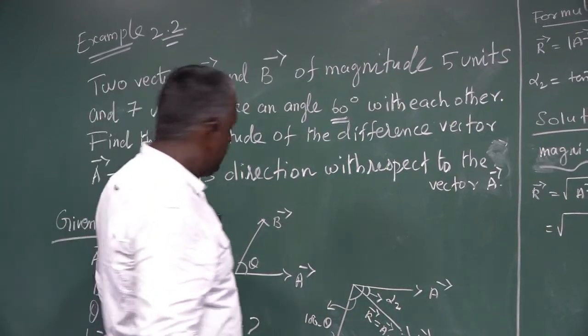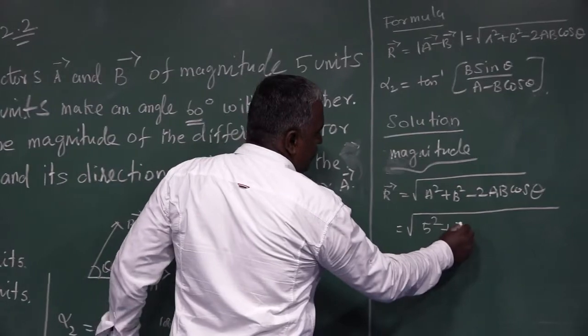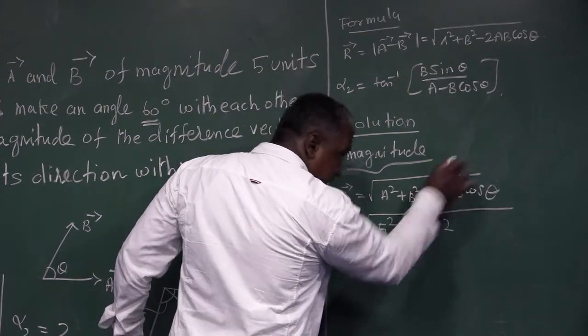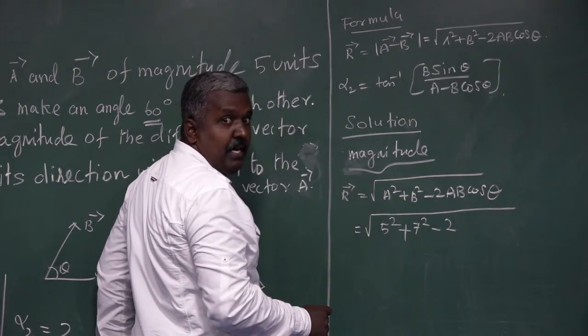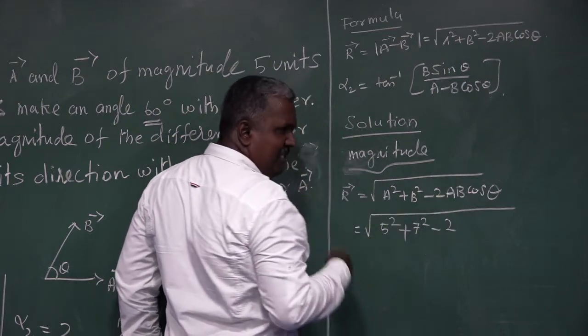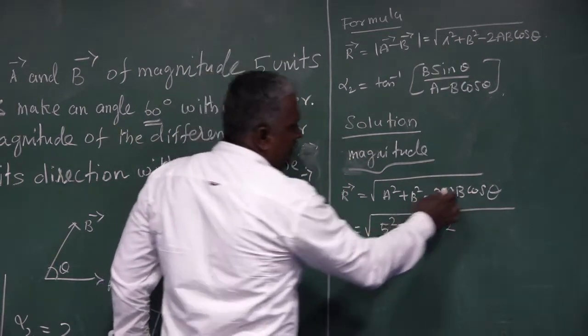So 5 square plus B value 7 square minus 2 into A into B into cos theta. 2AB means 2 into A into B, and AB means A into B. Already you have studied this in mathematics.